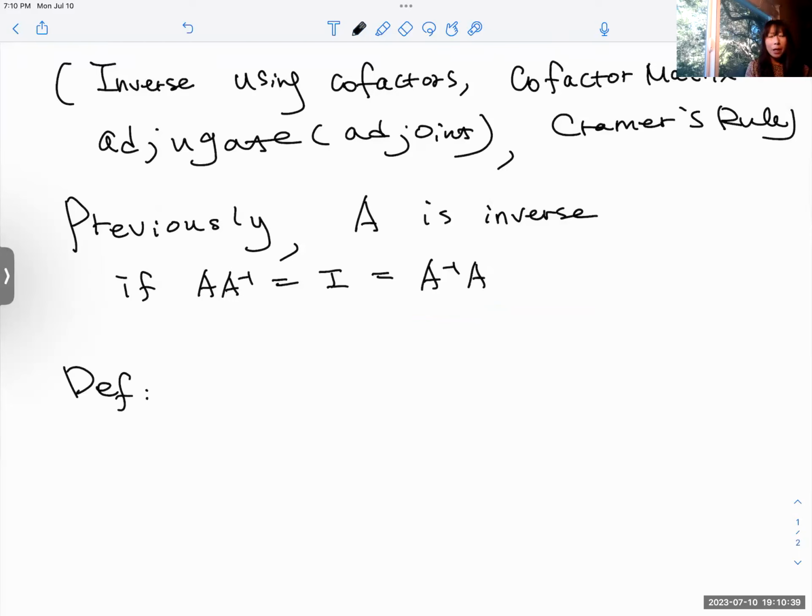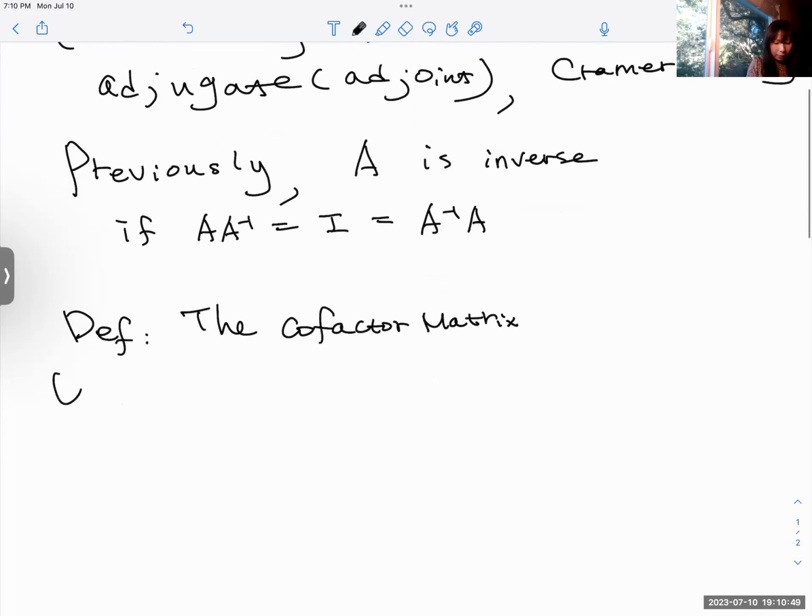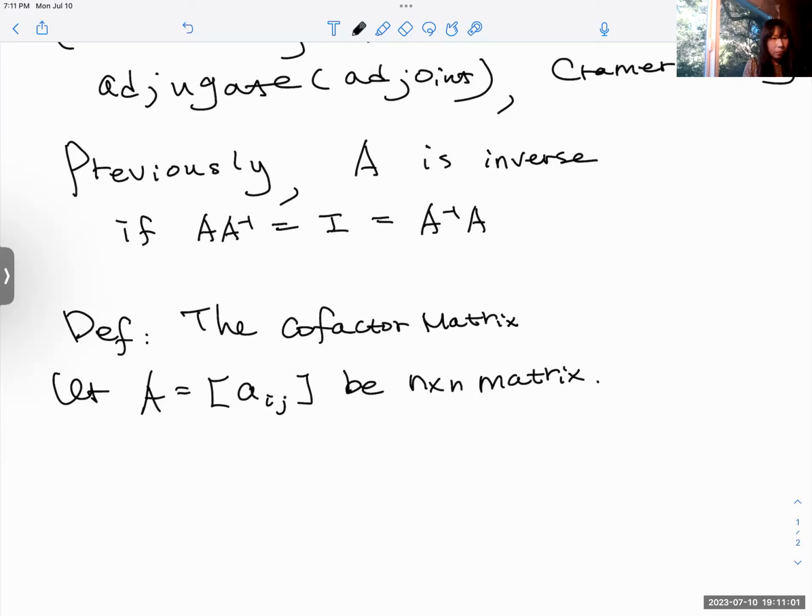about the cofactor matrix. So let A, with these entries, be an n by n matrix. Then the cofactor, it's not the cofactor expansion, it's the cofactor matrix, right?